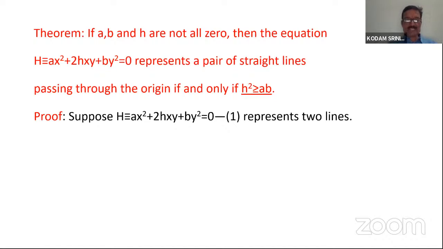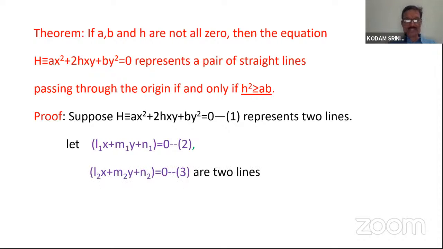So here, given that S equals ax square plus 2hxy plus by square equal to 0, let us take that this equation represents the pair of straight lines which are passing through the origin. For this pair of straight lines, we are taking the two individual straight lines.